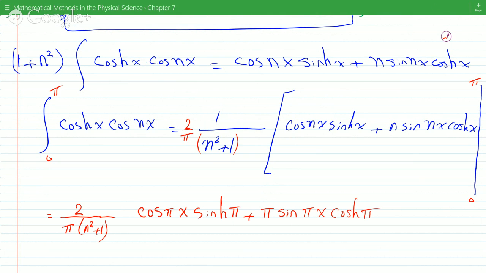The second term will be 0, because for all multiples of pi, the sine is 0. So that's the first guy.